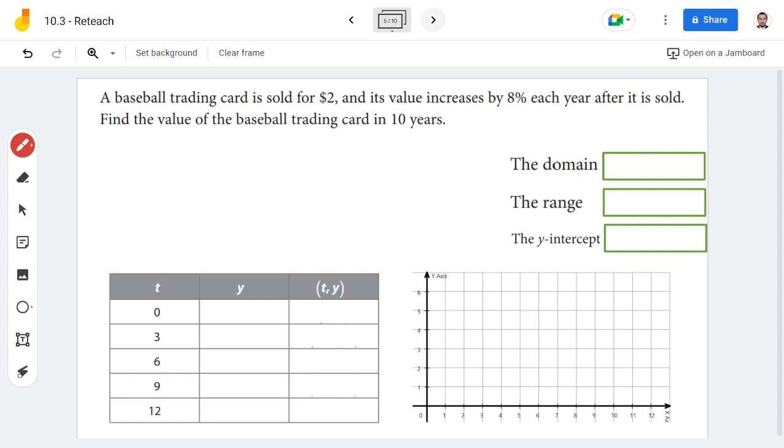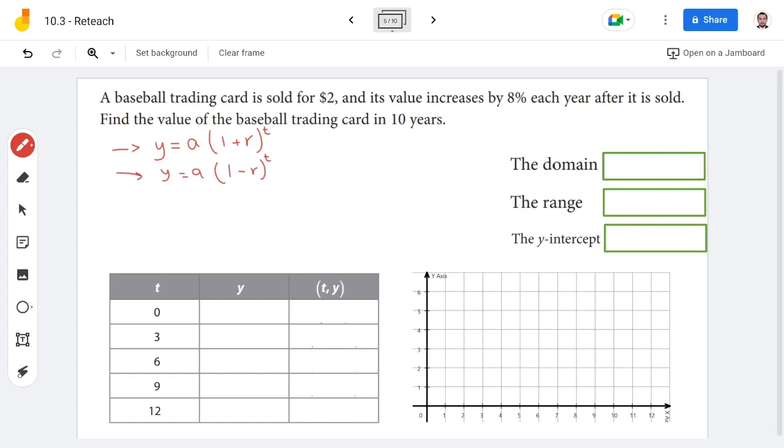Now, to start, first write the exponential growth function, y equals a times 1 plus r to the power of t, or y equals a times 1 minus r to the power of t. Now we need to pick one of these. Which one am I going to use? To know this, read the question again.